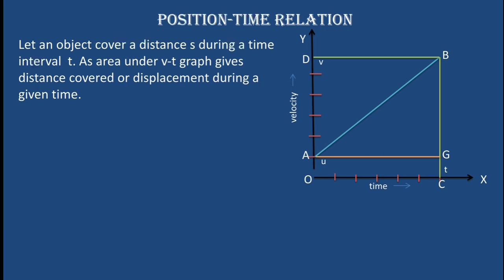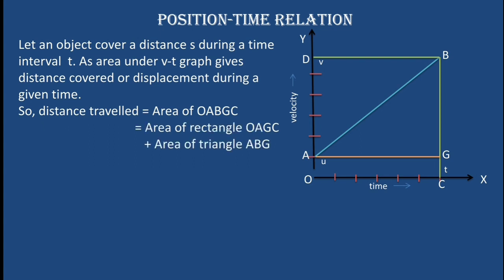So we can write distance travelled is equal to the area of OABGC, which is again equal to the area of rectangle OAGC plus the area of triangle ABG. Now we know that the area of rectangle OAGC is equal to OA into OC. So it can be written as OA into OC plus the area of triangle ABG, which is equal to half base into height, that is half times AG into GB.